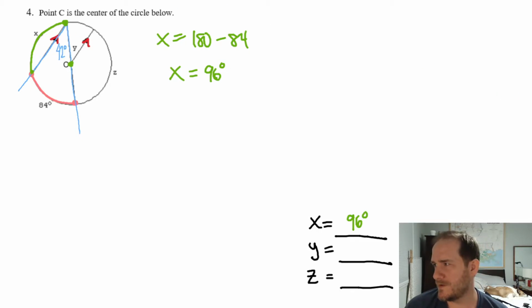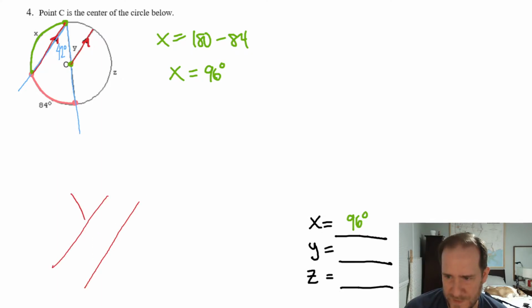And hopefully you remember that we just said this chord and this radius are parallel. So if you've got parallel lines, you better remember that when a third line comes cutting through them, it creates that whole bunch of congruent angles. Let's just talk about the one that matters.